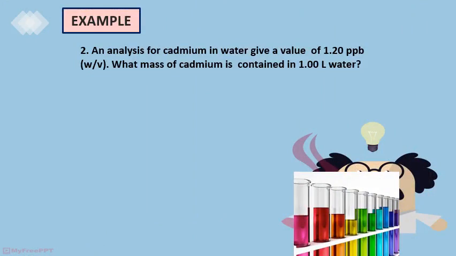Look at the example. An analysis for cadmium in water gives a value of 1.20 ppb weight per volume. What mass of cadmium is contained in 1 liter water? According to the formula, the question wants you to calculate the mass of the cadmium in 1 liter water.